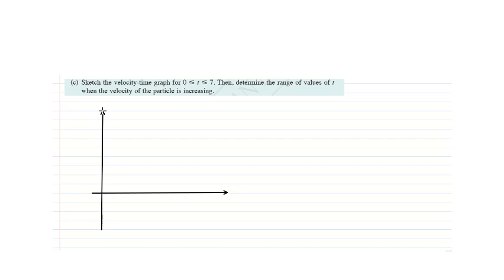Here is t and here is v, and the given value of v in the question is t square minus 6t plus 8.